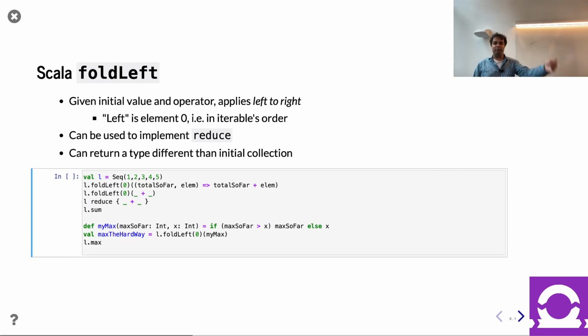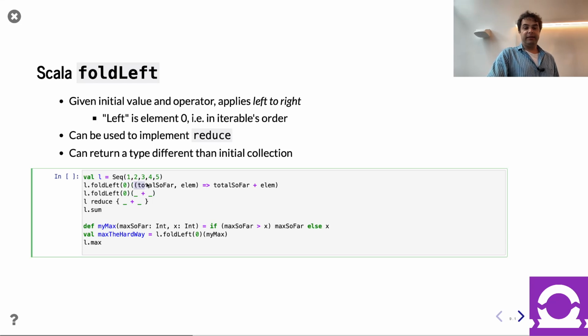So anyway, remind me what fold left does, right? So we have this function, we're going to apply it to the collection, and we're going to apply it to each element in order. And the input to this function isn't just the element that it's working on at that moment, it's the accumulation so far, right? So you have to give an initial value. So in this case, we're giving initial value of 0.